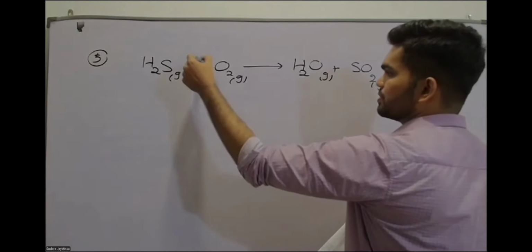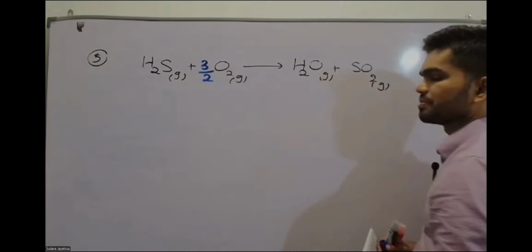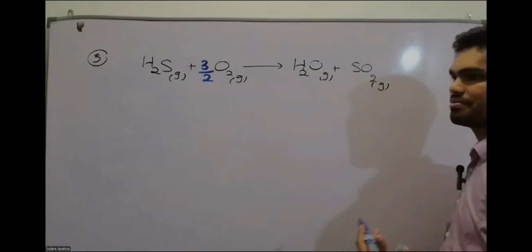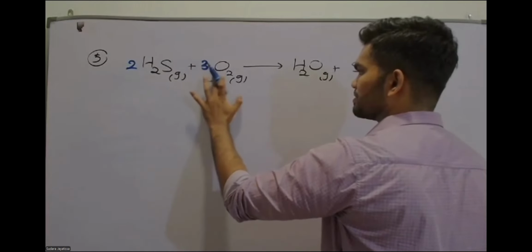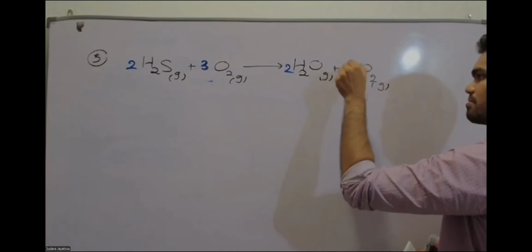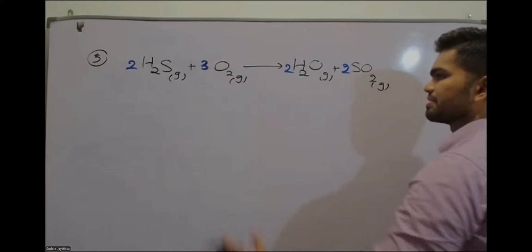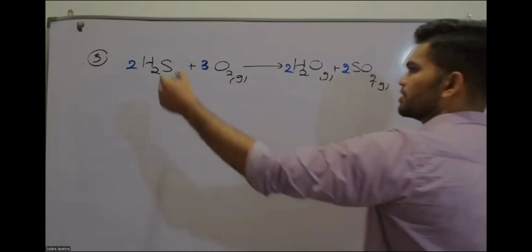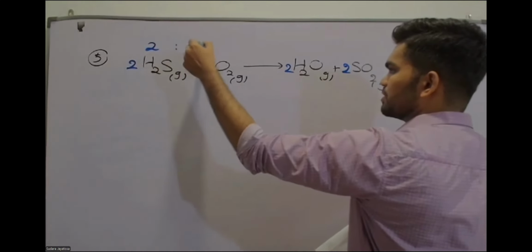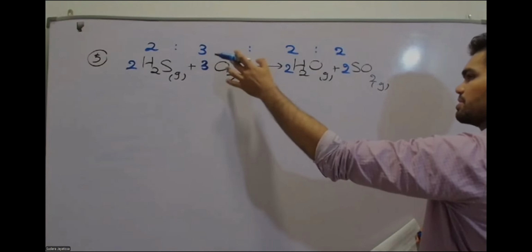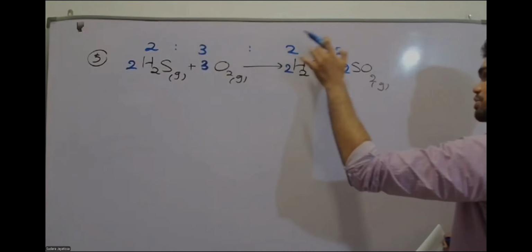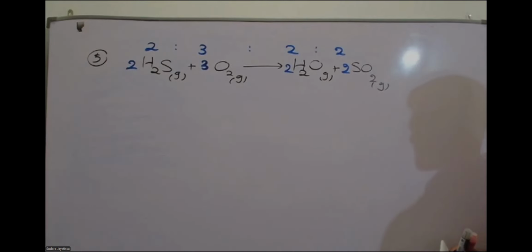So you put 3 over 2, but you can't keep fractions in balanced equations. Therefore, you multiply the whole thing by 2. Then this can be balanced. So your stoichiometric coefficients will be 2 is to 3 is to 2 is to 2. These are the coefficients.